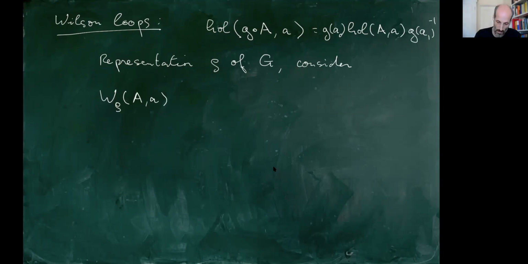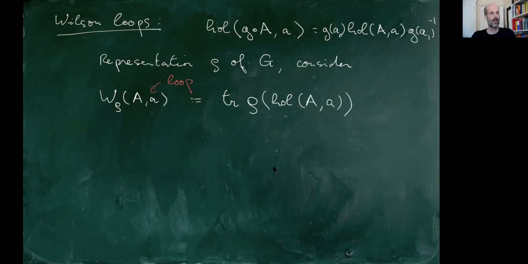Okay, so now this guy is a loop, not just a path. So the endpoint is the same as the starting point. And then this, by definition, is the trace of rho of the holonomy of A along a.